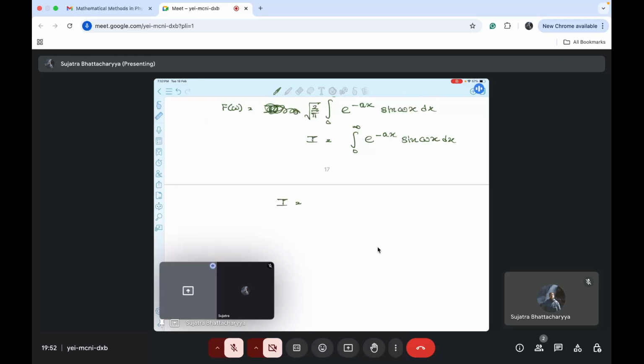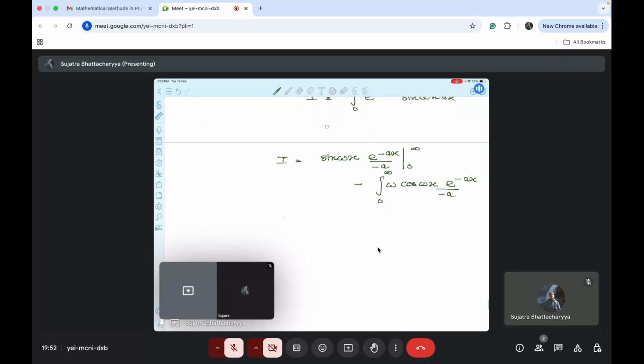So I, this we know how we can write. It will be sine omega x, integration by parts, e to the power minus ax by minus a from 0 to infinity, minus sine omega x has to be differentiated once. So sine will become cos, and there is an integration of this also.